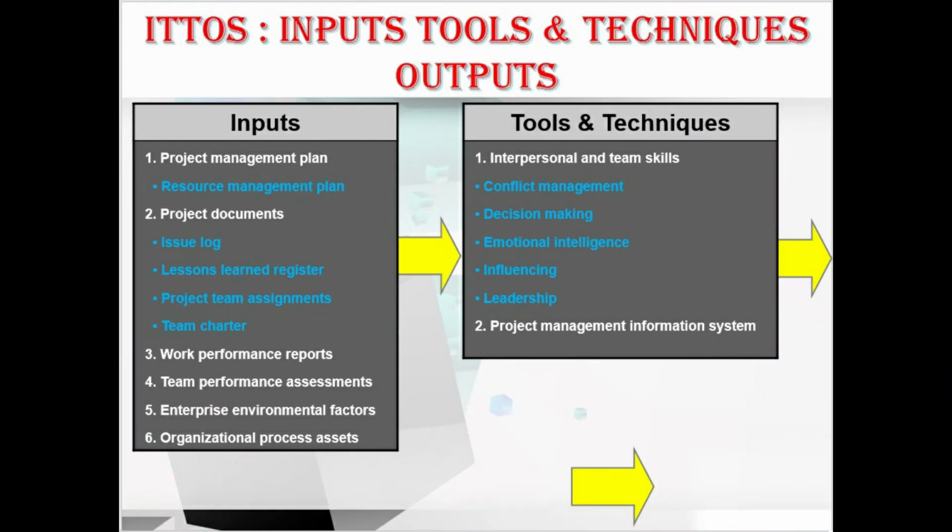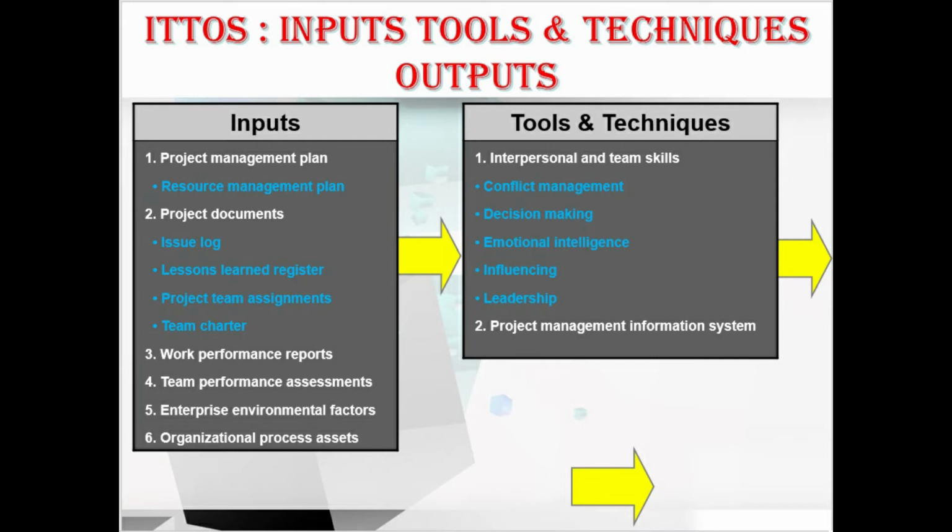In inputs, we have the project management plan, which consists of the resource management plan. Coming to the project documents, we have the issue log, lessons learned register, project team assignments, and team charter. We also have the work performance reports, team performance assessments, and the EEFs and OPAs, that is enterprise environmental factors and organizational process assets.